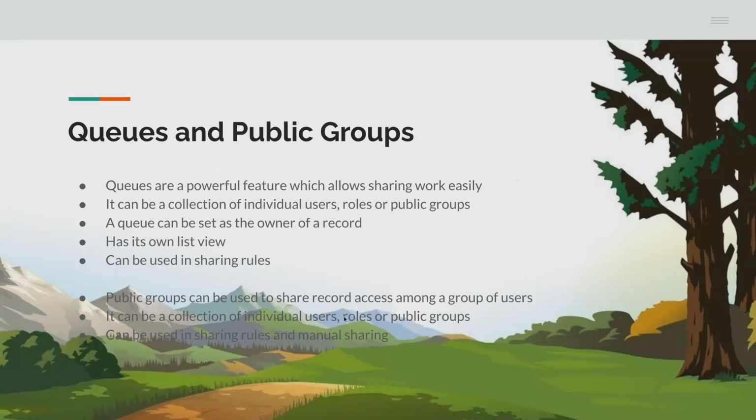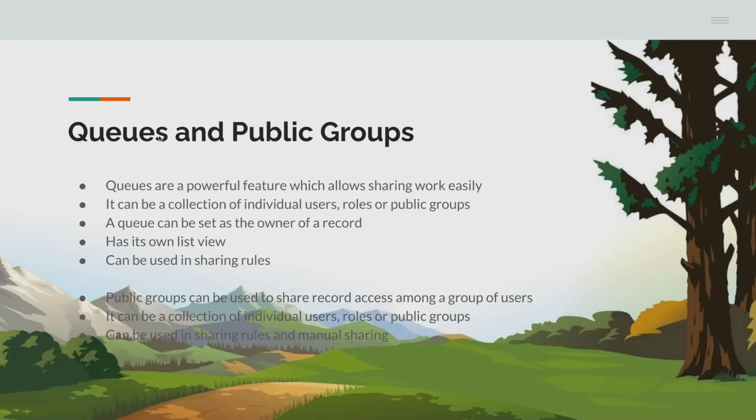Or you can say that all the users of a certain role belong to a public group, or you can define another public group as a subgroup. You can say that all the users in group A should also be in group B. It's just a collection of users, and they can be used in sharing rules and manual sharing, which we'll touch on later.